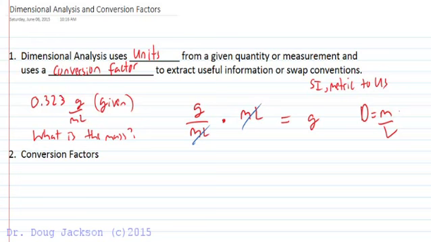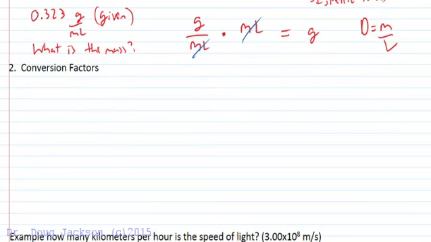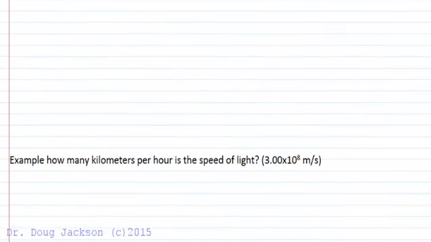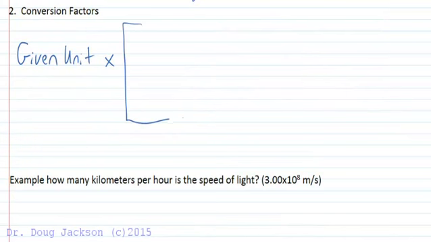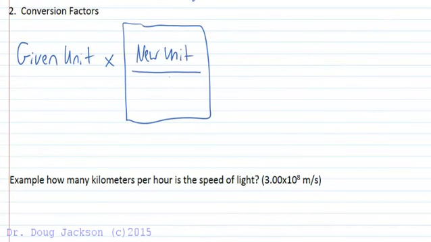So I can use those units and a conversion factor. So what are conversion factors? Well, conversion factors start with us being given a unit. Okay, and so the conversion factor itself that I'm going to surround with this blue box here is going to have a new unit in the numerator, which is exactly equivalent to the old unit, the given unit, in the denominator.